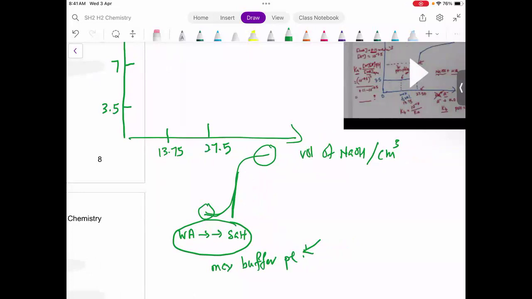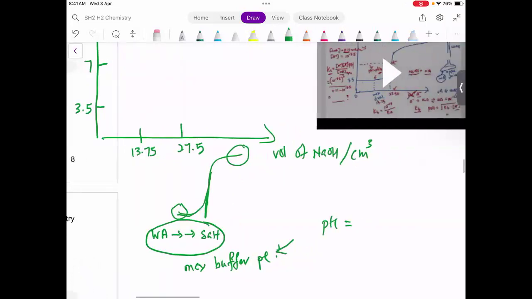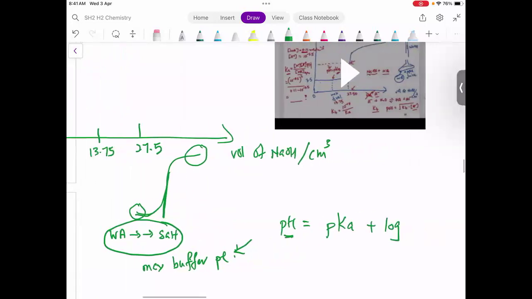Can you help me recall the equation? pH equals pKa plus the logarithm of what?